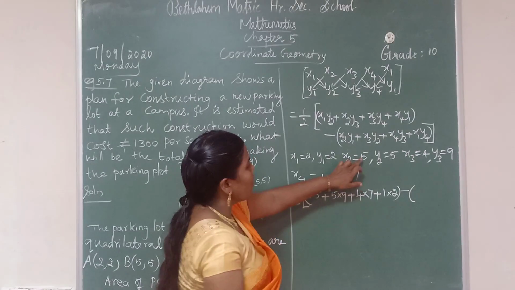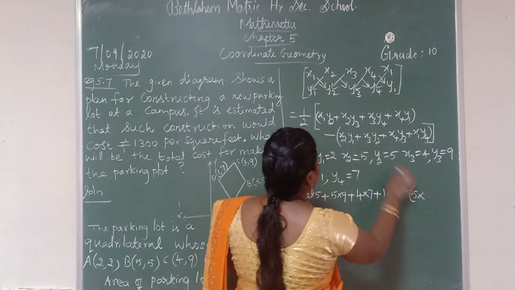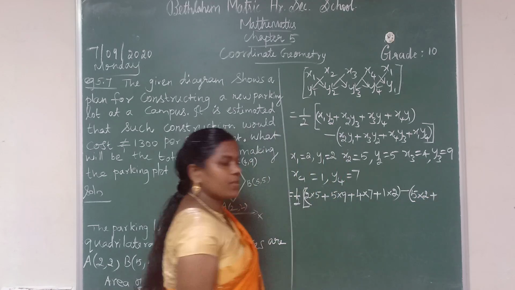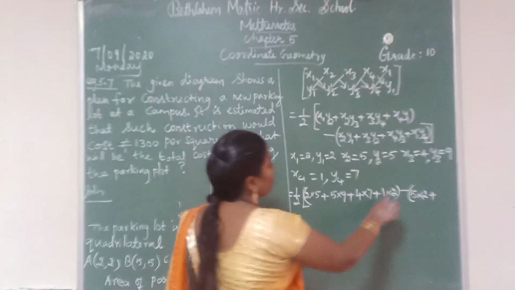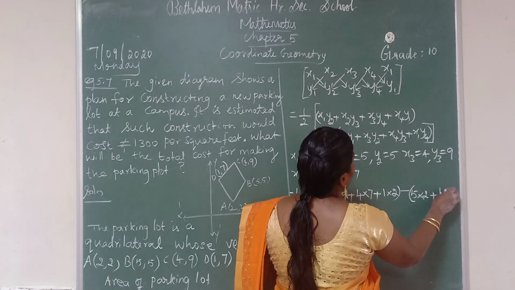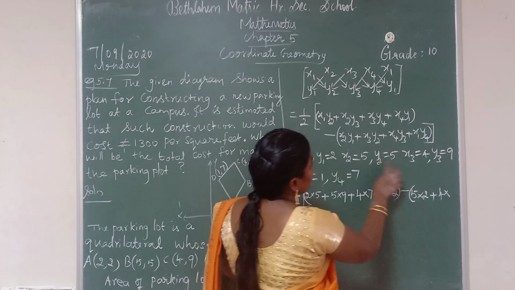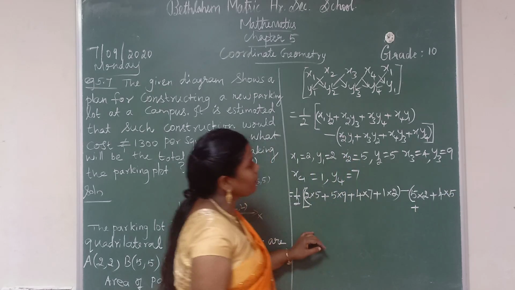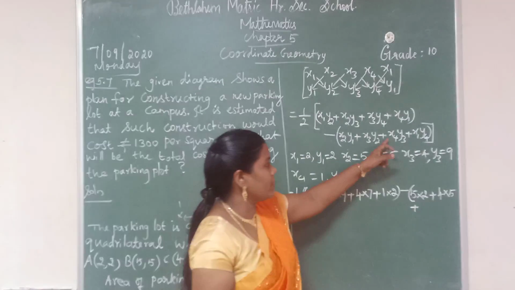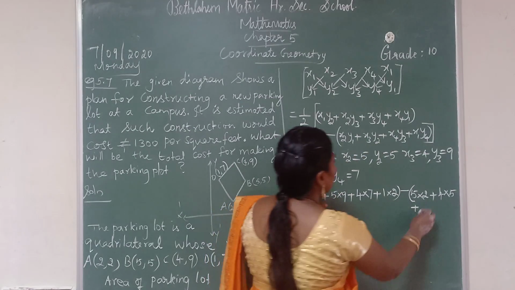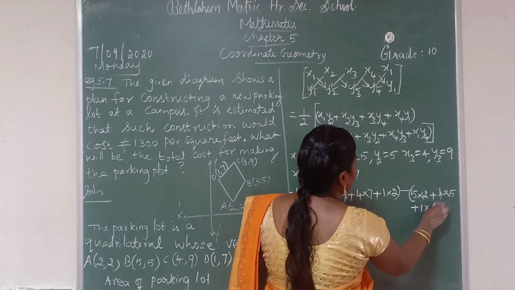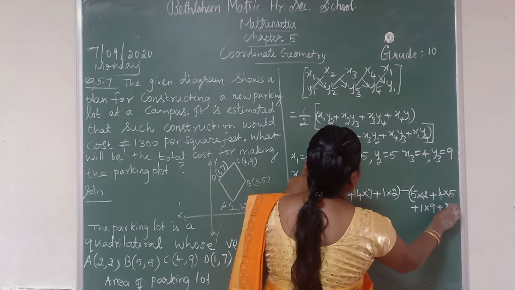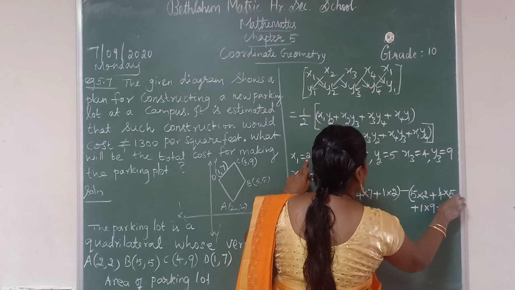What is x2? 5 into y1 which is 2, plus x3 y2, that is 4 into y2 which is 5, plus x4 y3, that is 1 into 9, plus x1 y4, that is 2 into 7. Close the bracket.